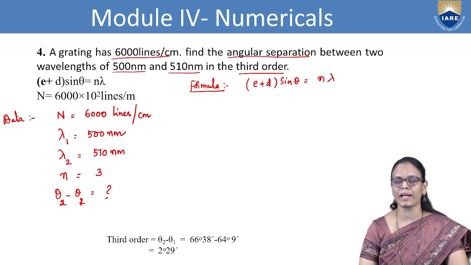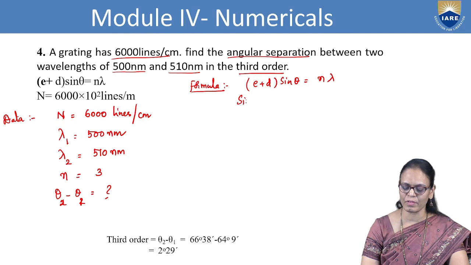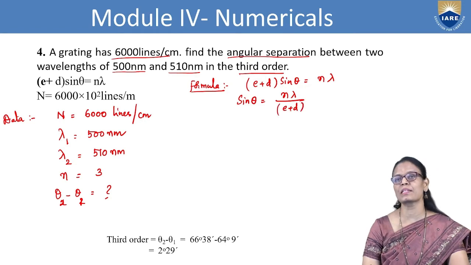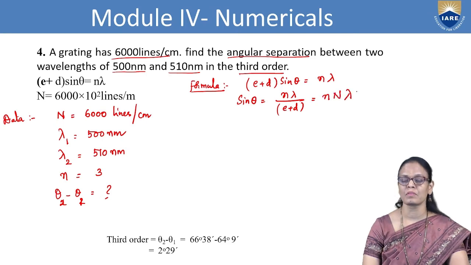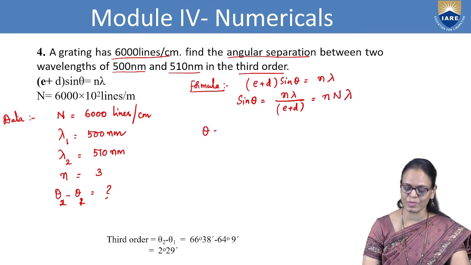I'll write the formula directly here. Sine theta will be equal to n lambda upon (e plus d). And because (e plus d) is not given, capital N is given, I can directly write it as small n into capital N into lambda. So theta will be equal to sine inverse of small n into capital N into lambda.